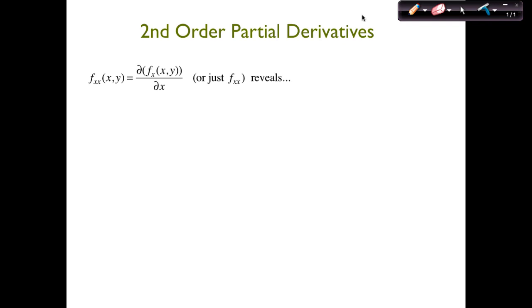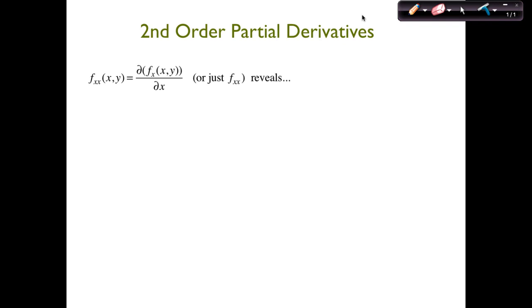Yeah, Emily. Okay, right, so it's the rate of change of the rate of change. Becca, is that what you're going to say? Okay. And what does that mean? The rate of change of the rate of change. So the second partial derivative is itself a derivative. So it's a rate of change. What's our meaning for rate of change?